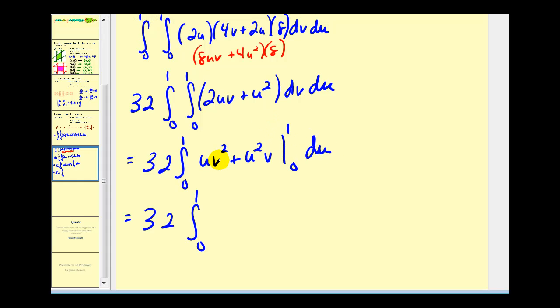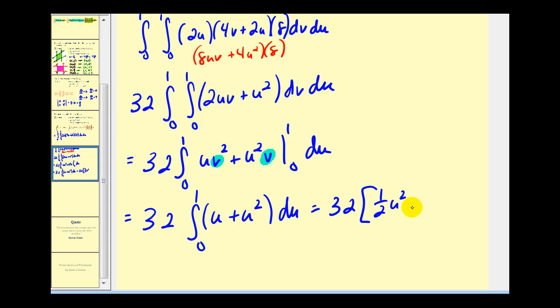Remember, we're substituting in for v, so when v is 1, we'll have u plus u squared, and then when v is 0, these will both be 0. So we'll have 1/2 u squared plus 1/3 u to the third.